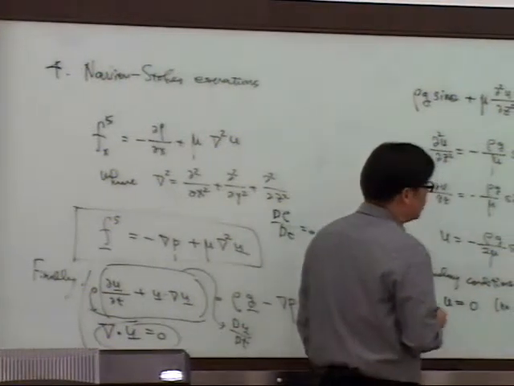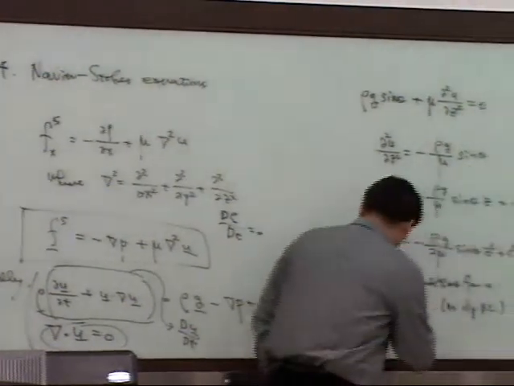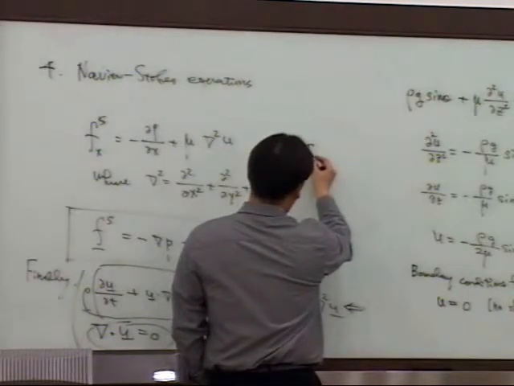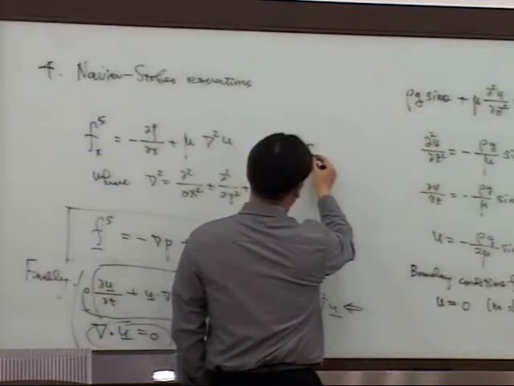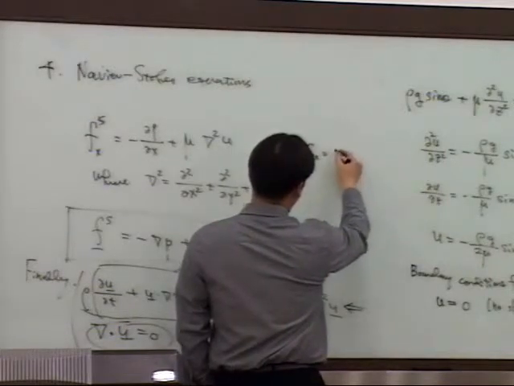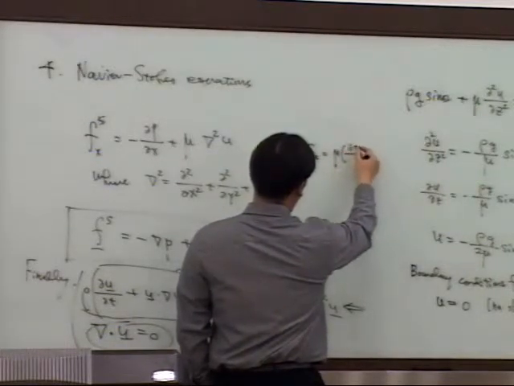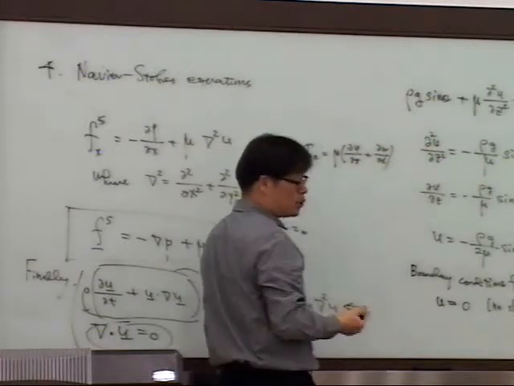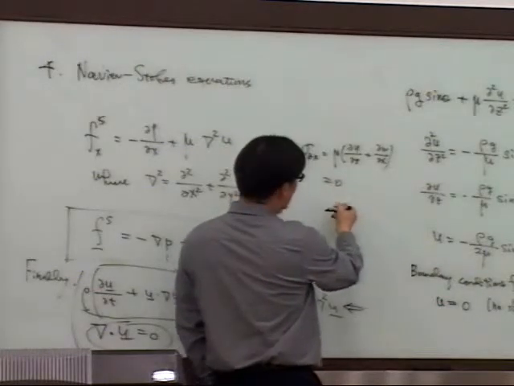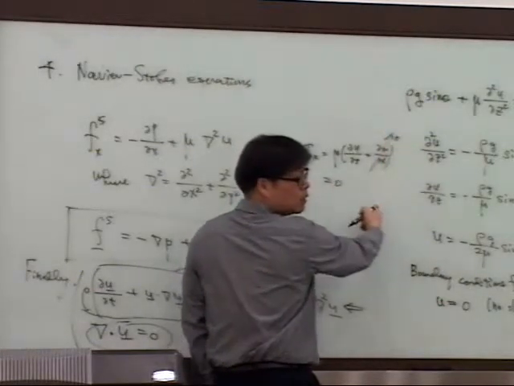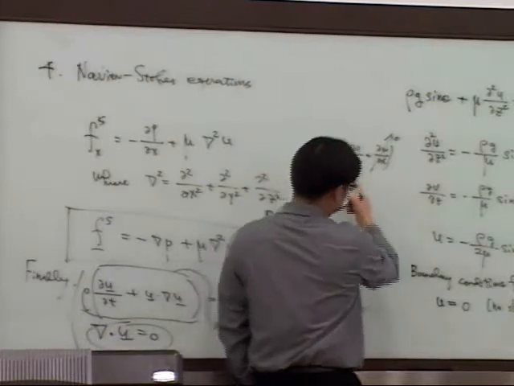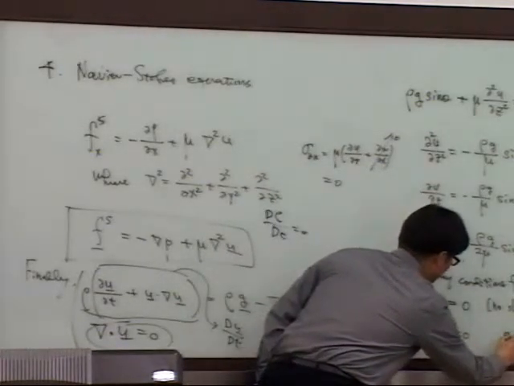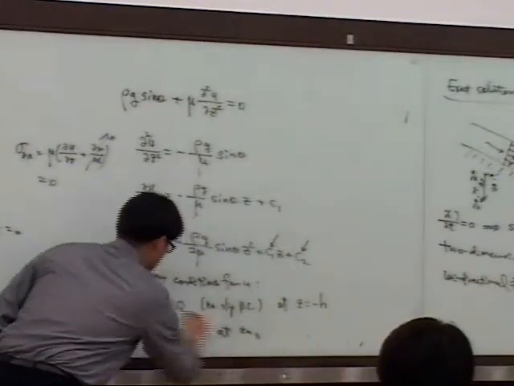And also at the free surface, we have sigma zx, which is mu (du/dz plus dw/dx), right? As I said, stress has to be 0, and this guy is 0, meaning that du/dz has to be 0 at the free surface.